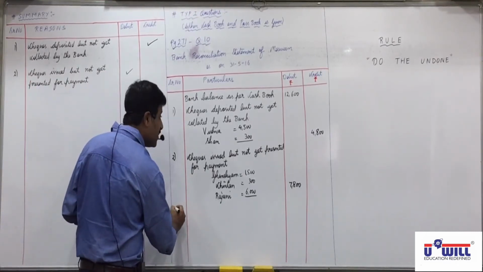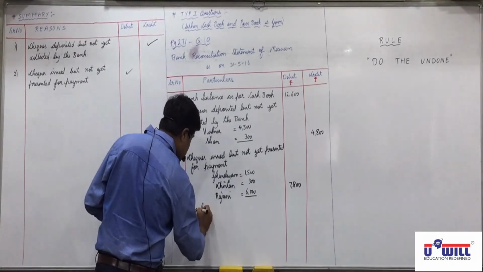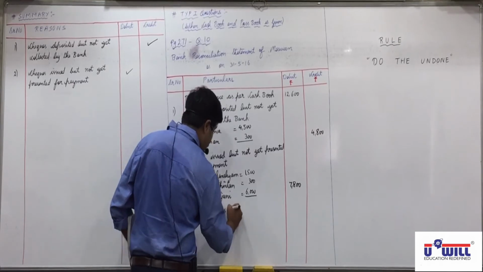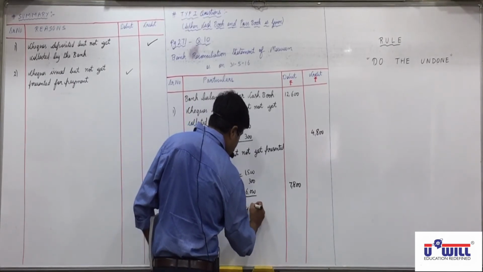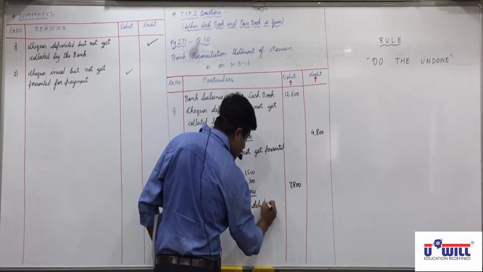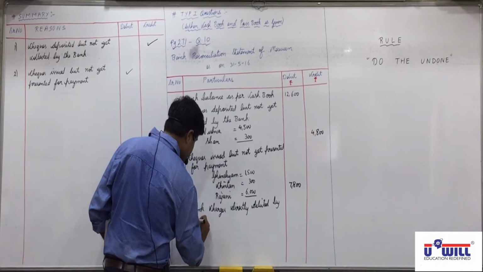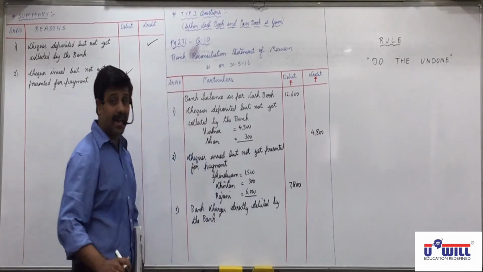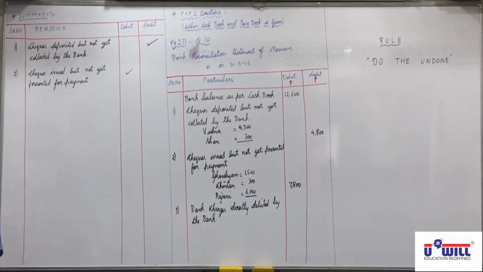So the third reason of difference right now: bank charges directly debited by the bank. Okay, what do you understand by directly debited by the bank? Without informing the trader. The trader doesn't have knowledge, so he has not recorded it.